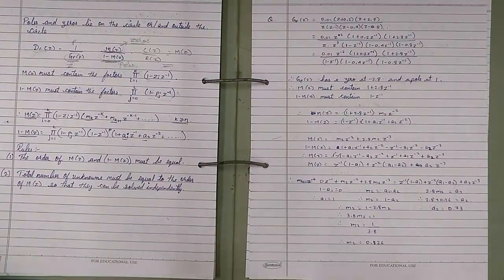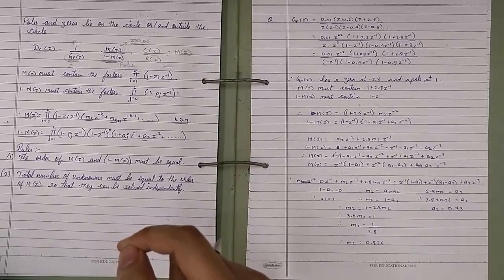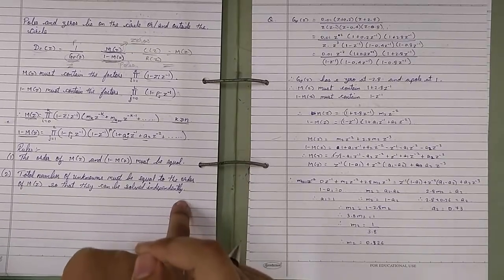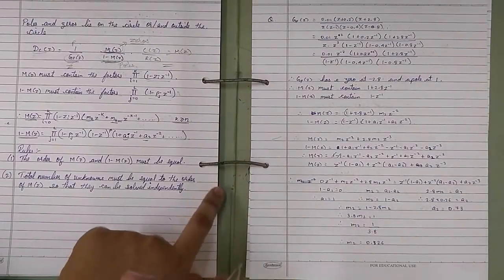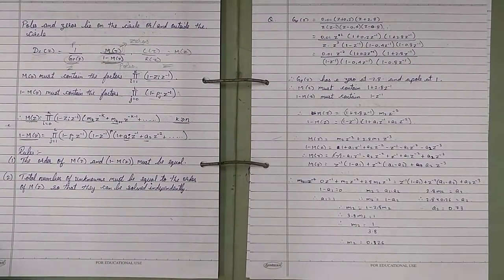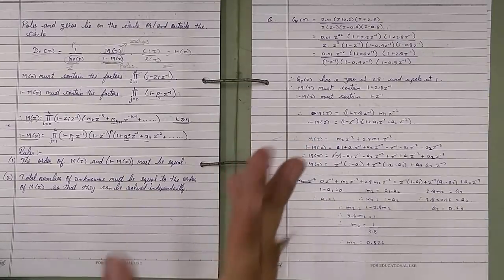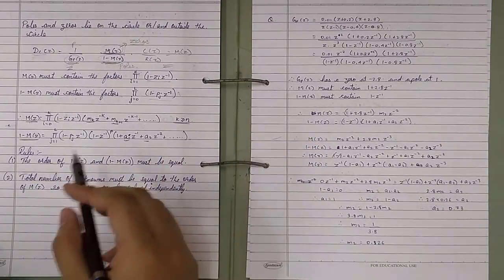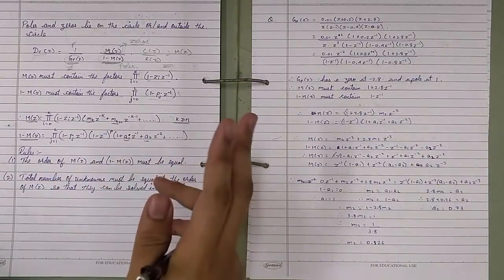If the order is equal to the number of unknowns, then each and every value will have its own independent, unique value, and we need to find the unique values. We don't want any linearly dependent values, we want them all to be linearly independent. So for that, the order and the number of unknowns should be the same.